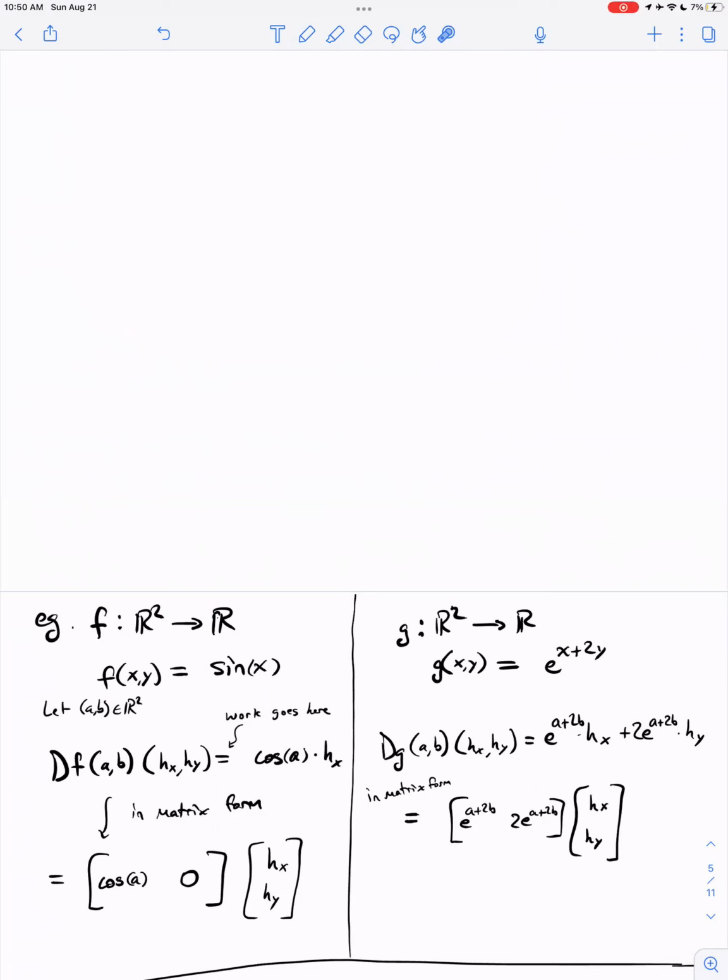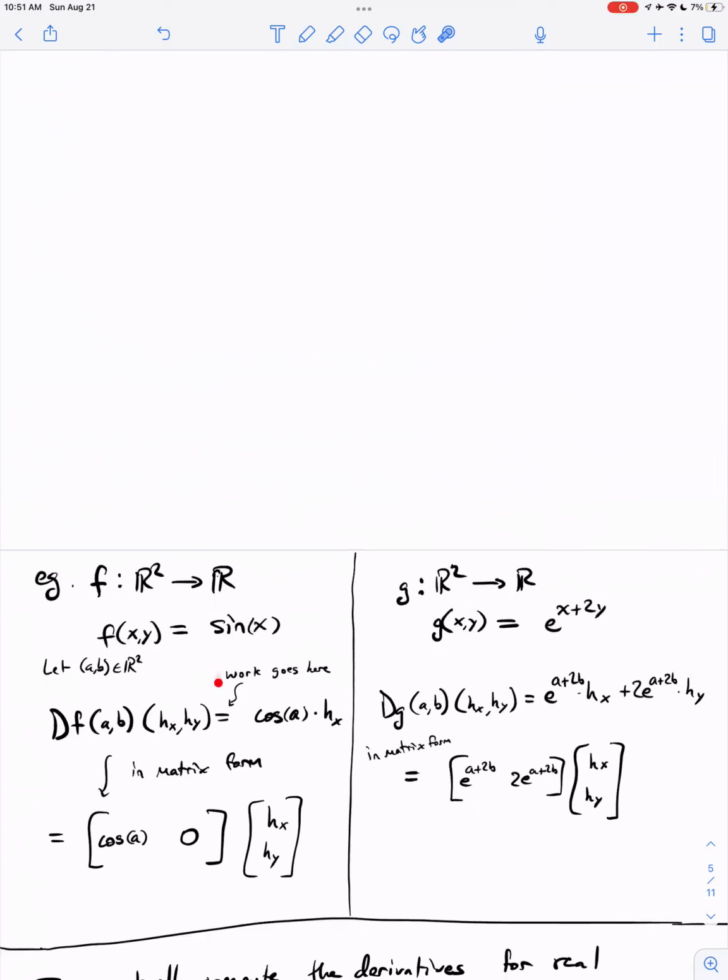Then we let a, b be some point in R2 and I want to take the derivative at the point a, b. And I claim the derivative at the point a, b is the linear function that, if I plug in hx and hy, gives cosine of a times hx. All the work goes into proving that this is true, but I'm just claiming it here.